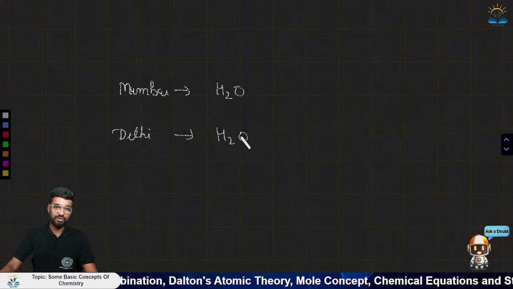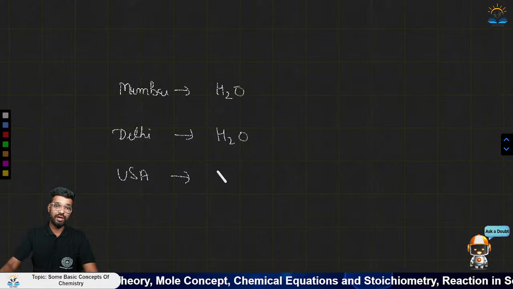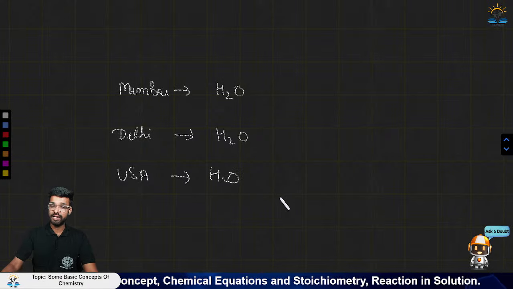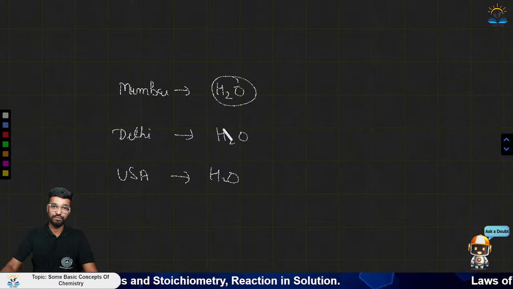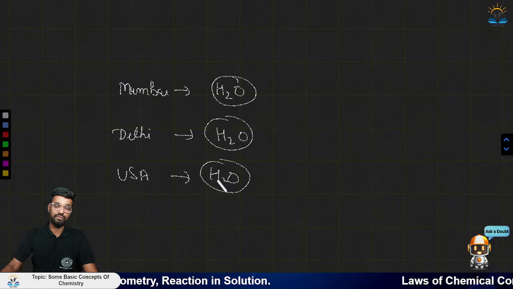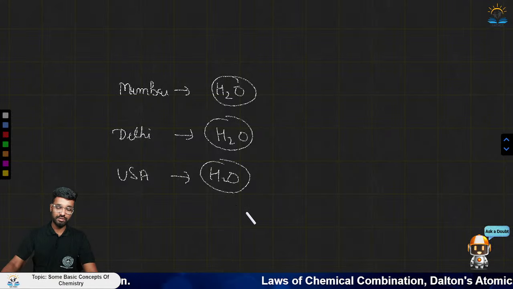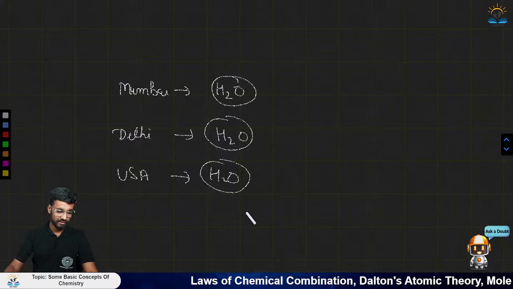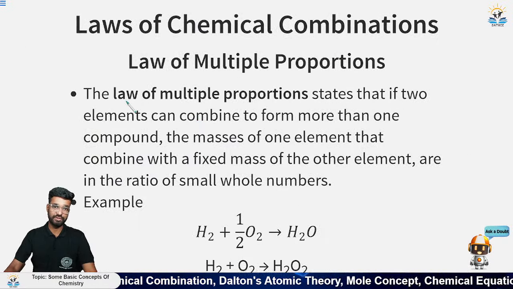Here also the formula will be H2O, or whether it is the USA. So I mean hereby that it does not depend on where I am taking the water from. Its formula is always H2O. It means the ratio of hydrogen atoms and oxygen atoms remains the same throughout space.